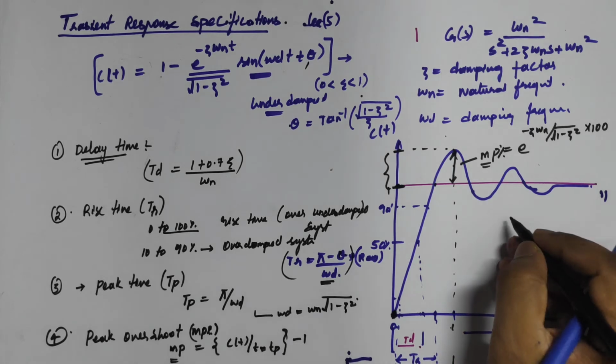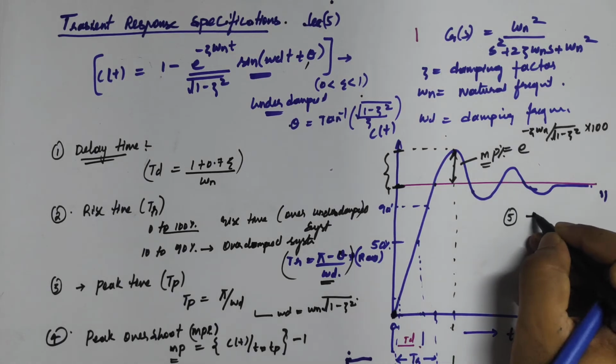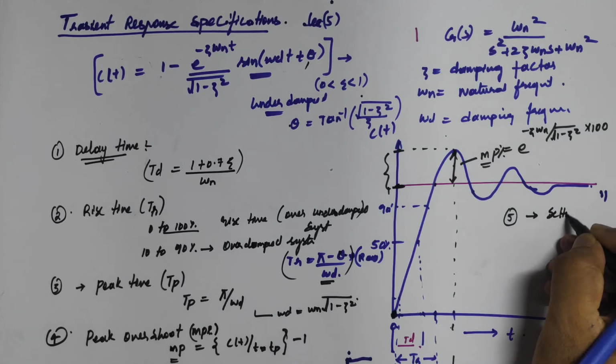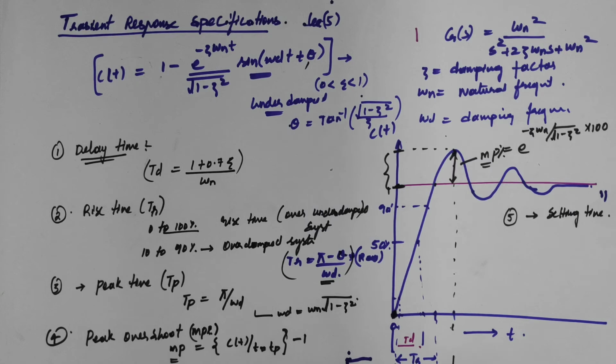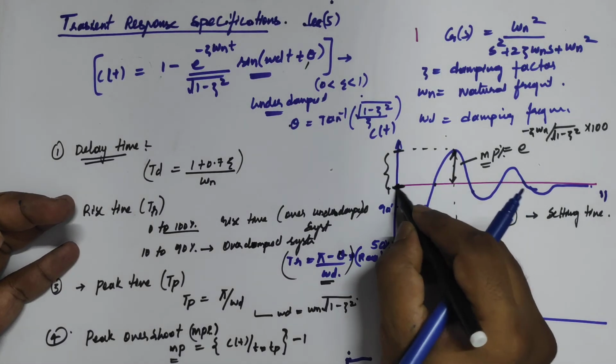We have another time specification, the fifth one, called settling time. So what is the settling time? As we know, not all systems are accurate or ideal. Everything is practically non-ideal, so a system may not even give the exact step input.